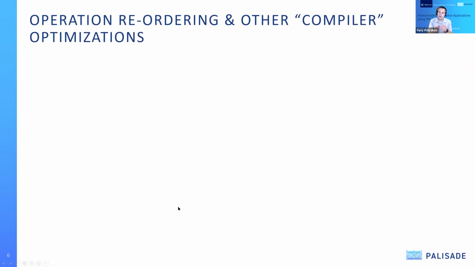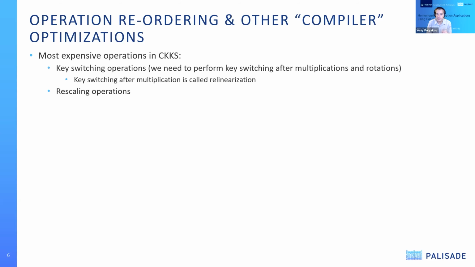So now, so far everything has been somewhat on the data science level. Now we're going to go into homomorphic encryption specifics, and what's very important in homomorphic encryption is basically reordering the certain operations that we use to get the best results. You can think of it as similar to the types of optimizations a compiler typically has to do.